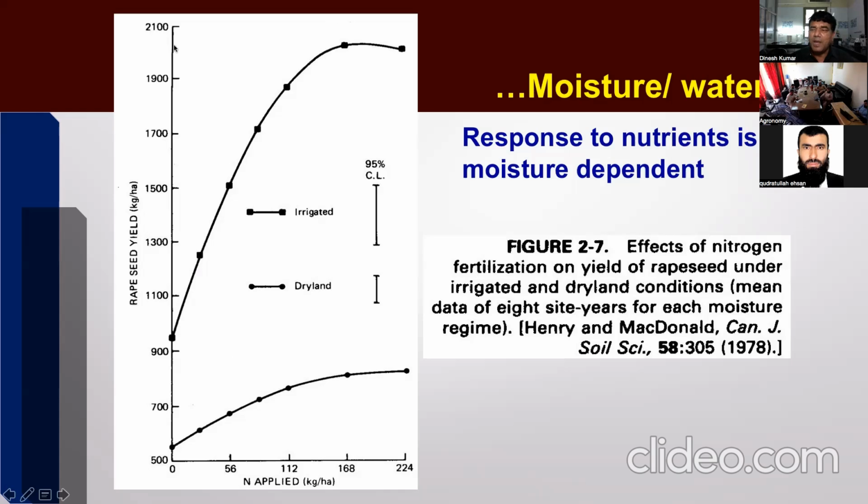So simply by applying water, you can get a much higher yield. This picture explains that if you have water supply, only then can you use higher doses of fertilizer. If your water supply is low, you should use lower doses of fertilizer.